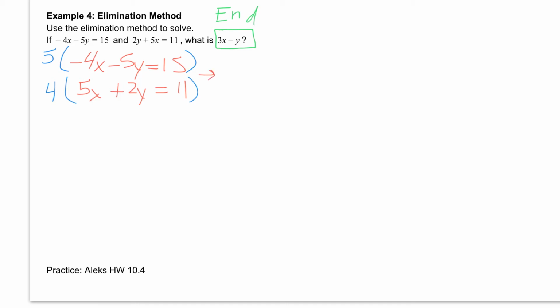And if I rewrite this after multiplying, 5 times negative 4x will give me negative 20x. 5 times negative 5y will give me negative 25y. 5 times 15 will give me 75.